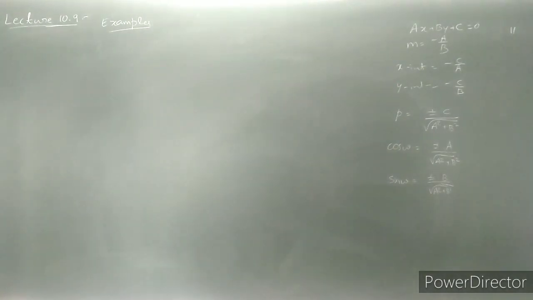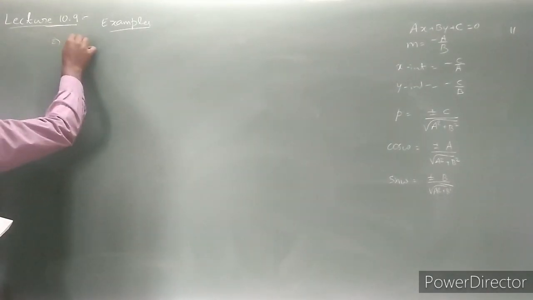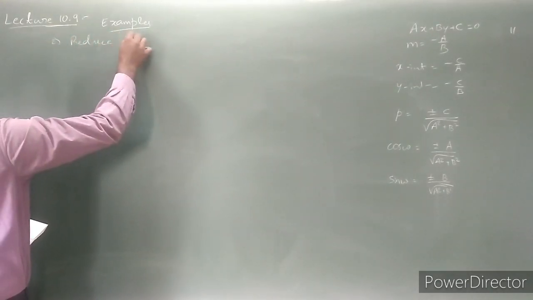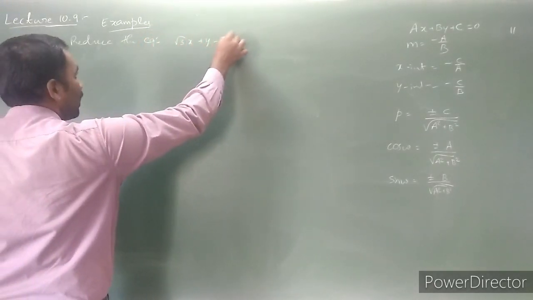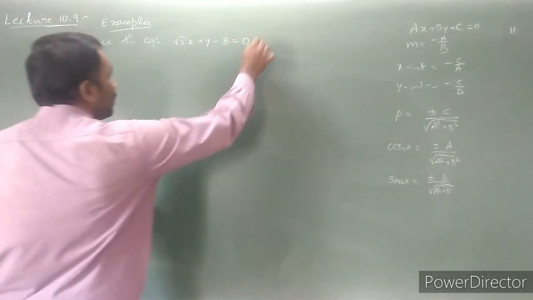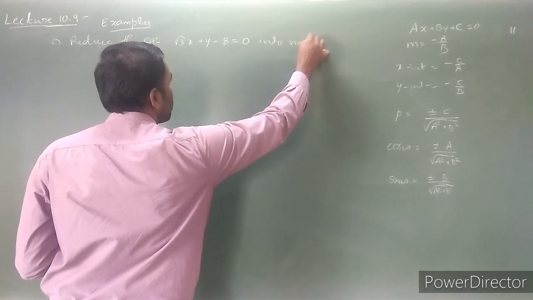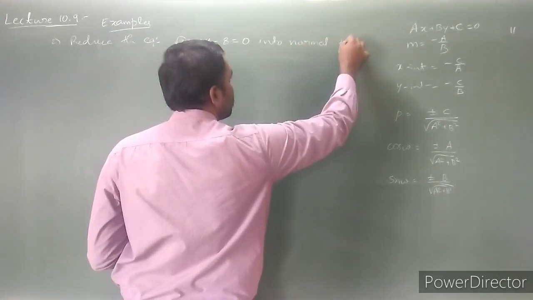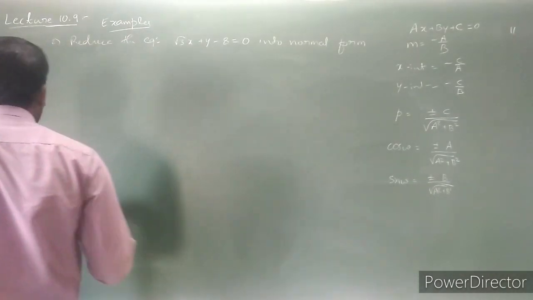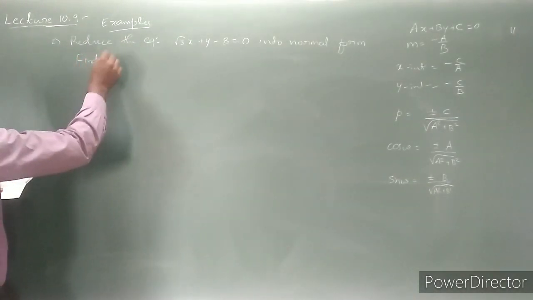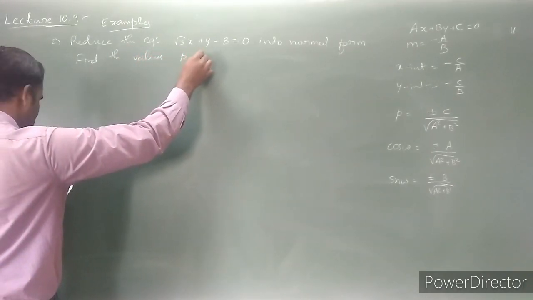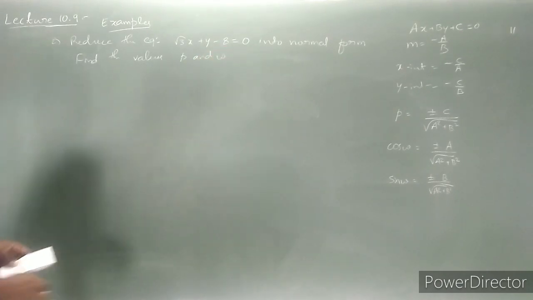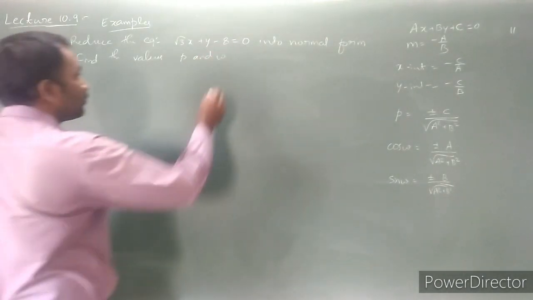Reduce the equation root 3 x plus y minus 6 is equal to 0 into the normal form and find the values of p and omega. Find the values of p and omega.